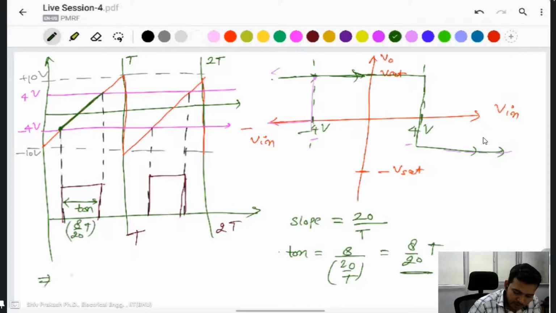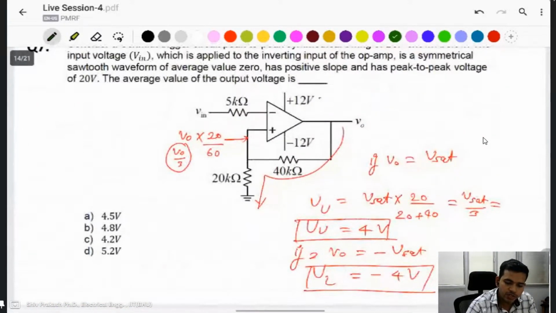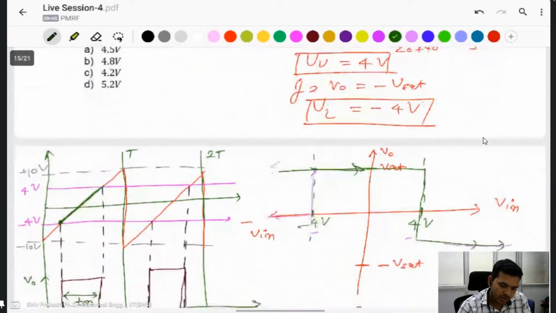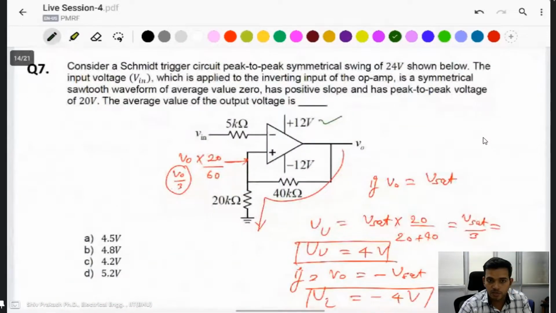Then find V output. V output is present here only. Then the plus signal is present, where we have the positive slope. This one is 12 volt. When the negative slope is present, then minus 12 volt is given in the output.